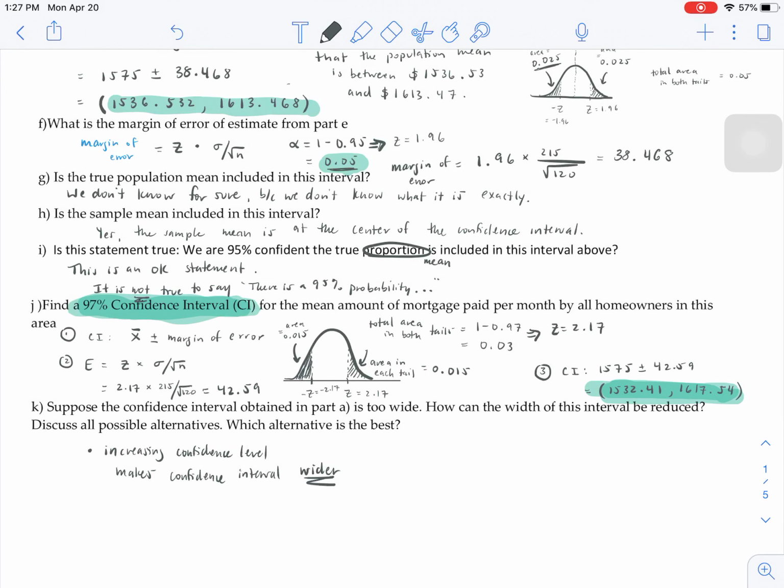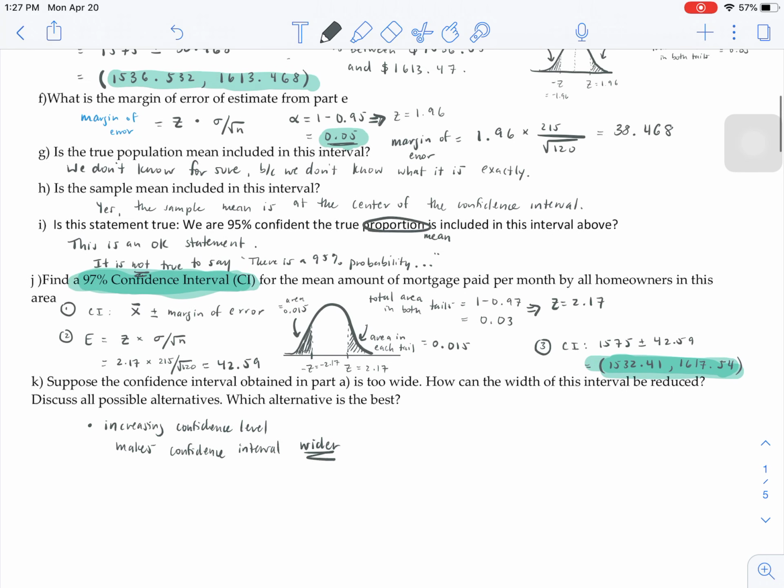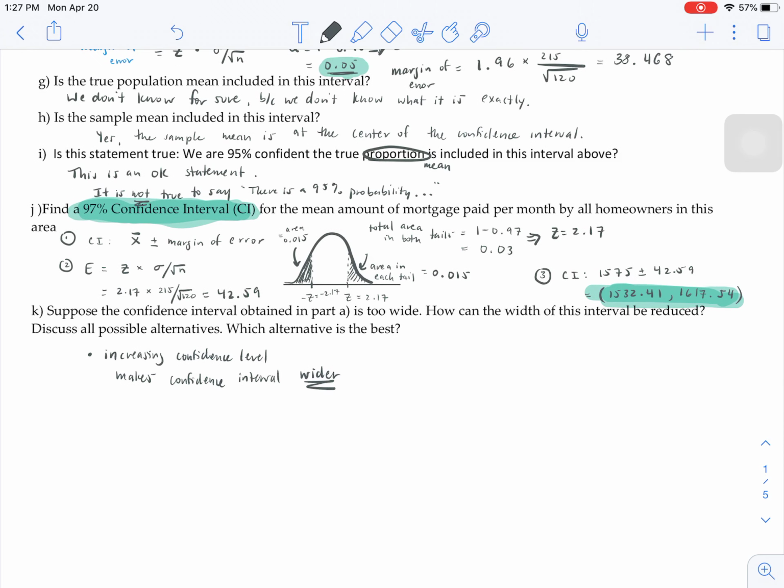So we know that increasing the confidence level makes our confidence interval wider. This question asks, how can we reduce the width of our interval? Well, to do that, let's do the opposite. So to decrease the width of the confidence interval, we should reduce our confidence level.